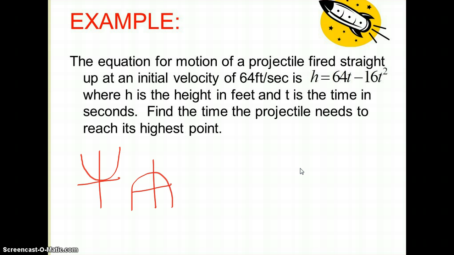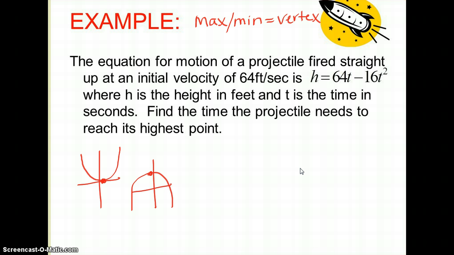So when I talk about a maximum and a minimum, I'm really talking about the vertex. Either way, the vertex is the maximum or minimum, and the direction of the parabola decides which it is.